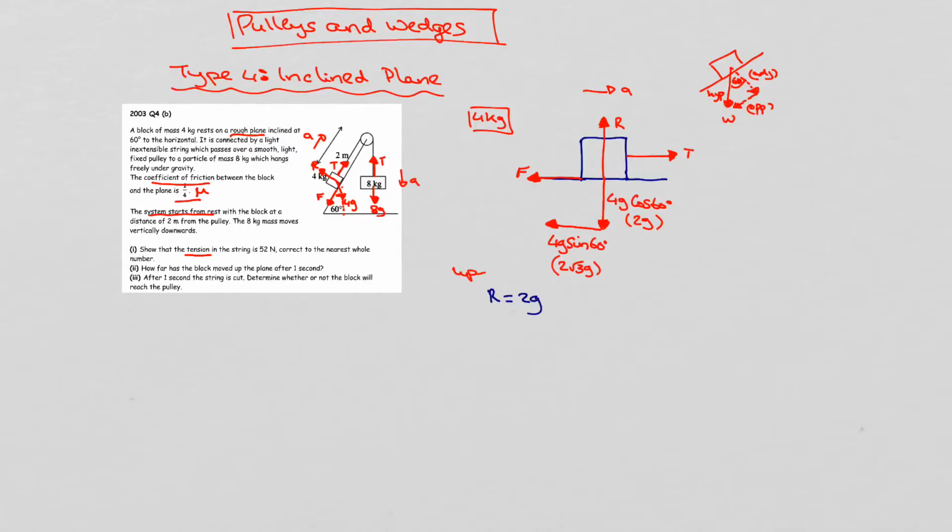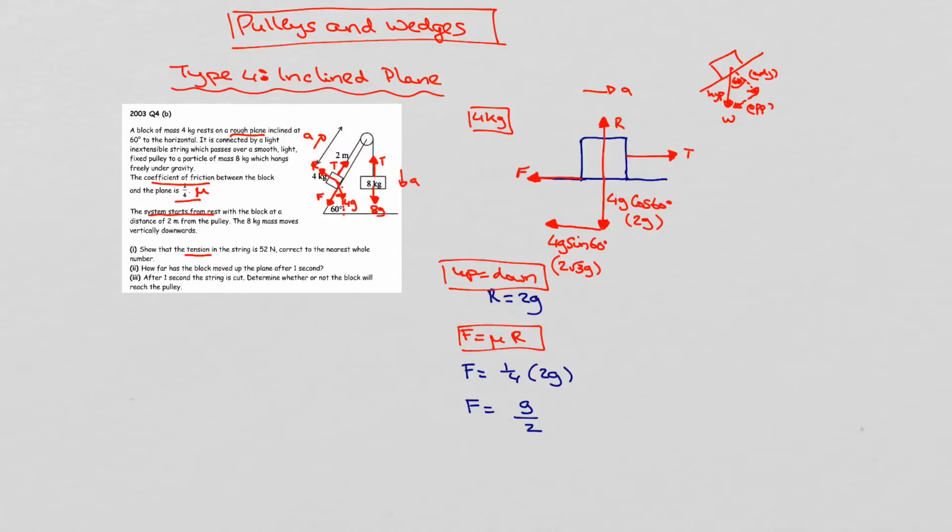In other words, the up equals the down in terms of our forces. And we also know then that friction is equal to mu times R. Now we were given our mu was a quarter, and R we've worked out to be 2g. So therefore the frictional force is basically g over 2.